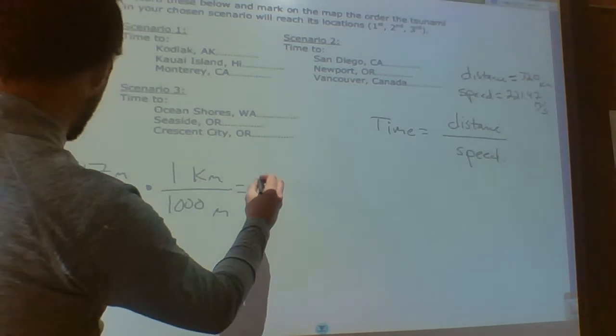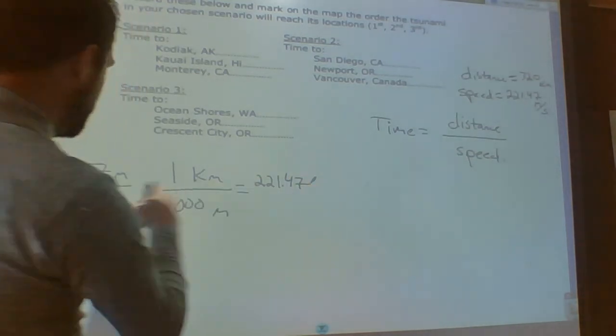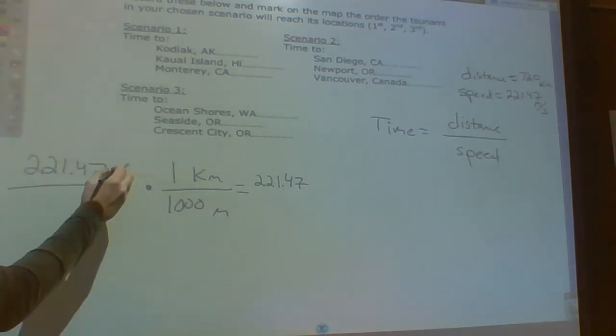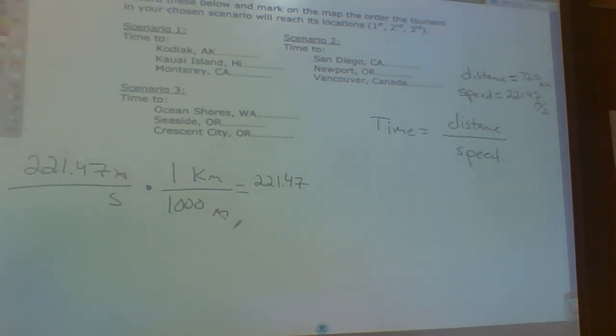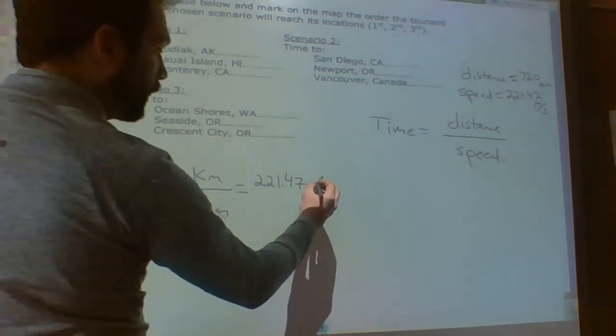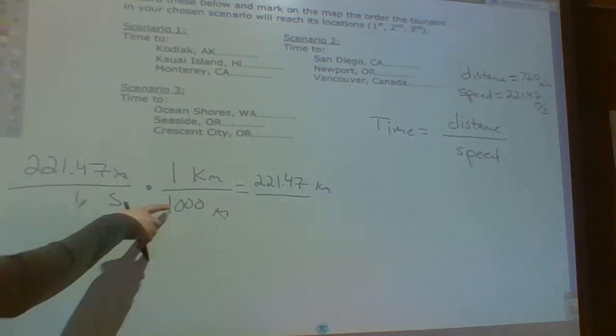So on top, we have 221.47 meters divided by meters cancels out. So we're left with kilometers on top. And then on bottom, we have 1 second times 1,000.